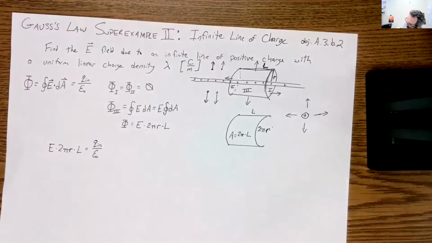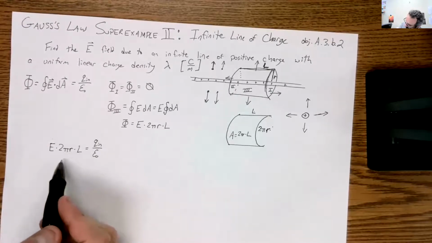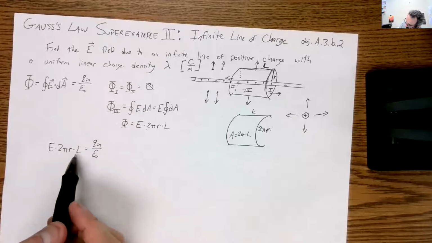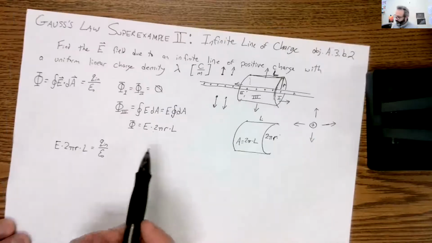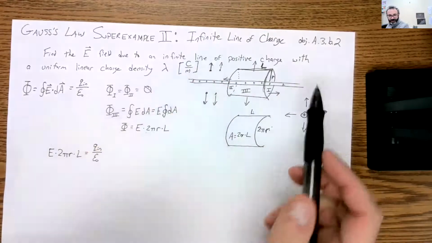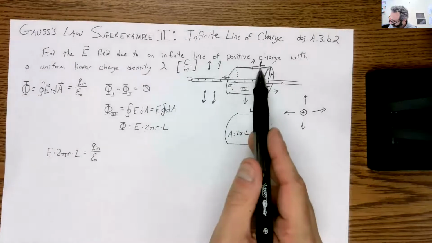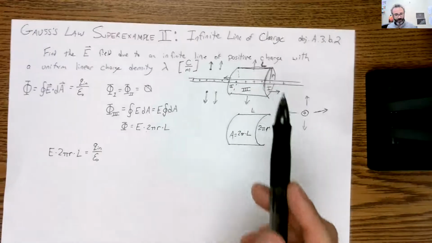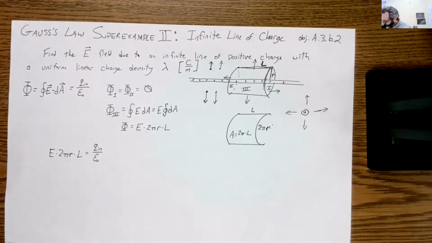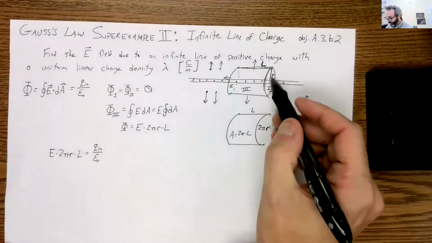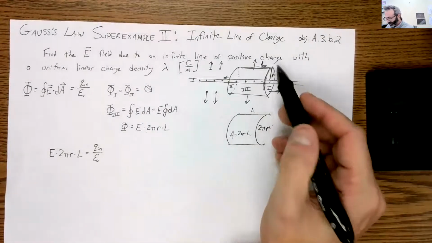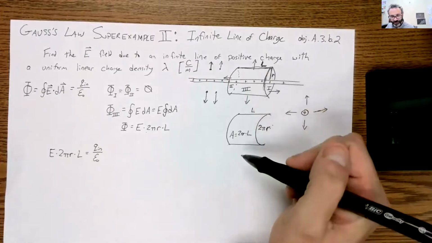We have to be a little careful here, because we can't just solve this for E and leave that as our answer, because L is something we made up. We could make this cylinder any length we want, and the electric field at any point on the cylinder shouldn't depend on how long our imaginary cylinder is. The radius is a different story, because if we make the radius bigger, we're farther away from the wire, so we might get a different value.